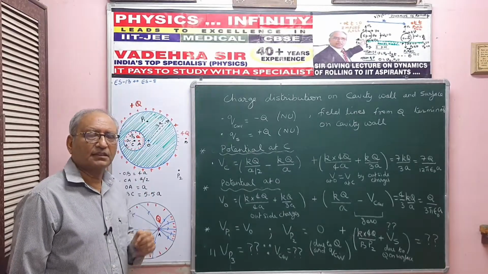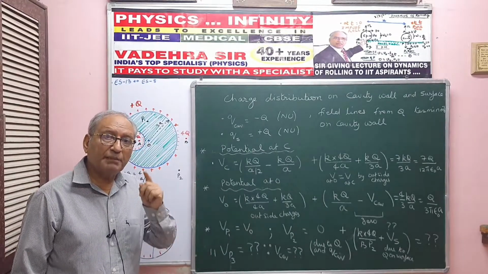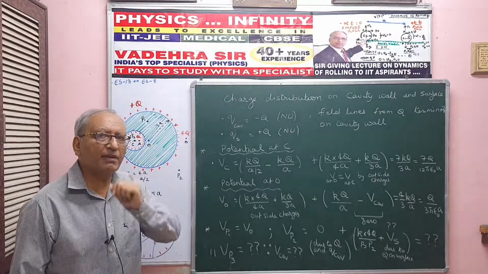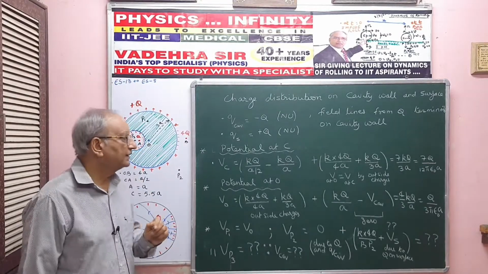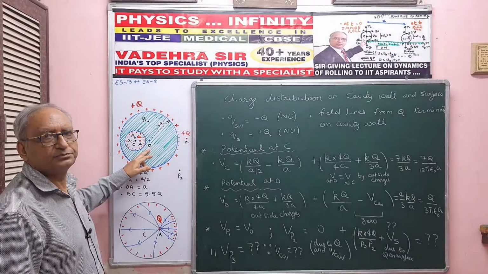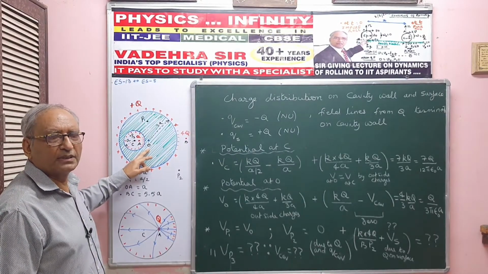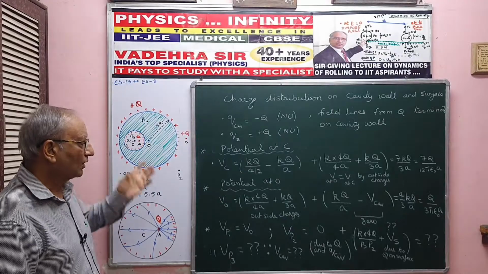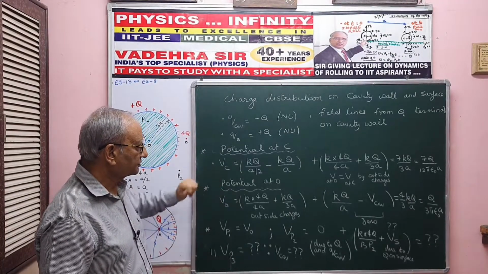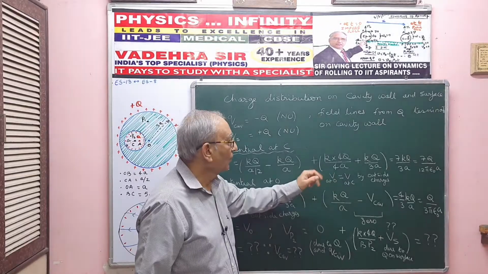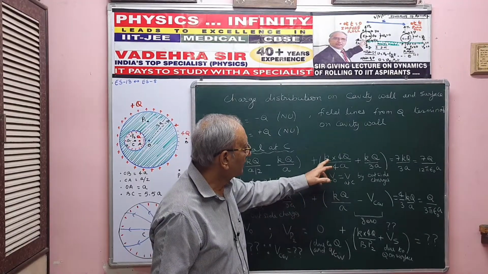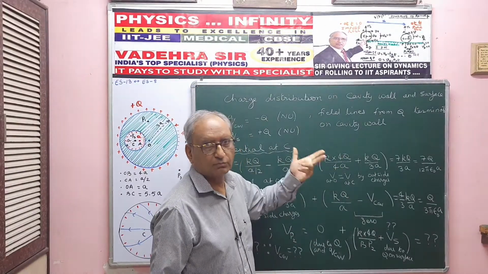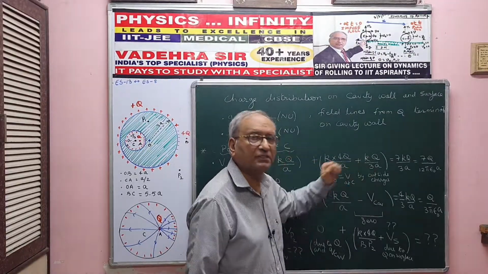When that is the case, whatever potential they create at any convenient point within the conductor will be the same everywhere, and the most convenient point is going to be O. So let's first work out the potential at O due to these outside charges, and that will be the same as that at C. For the outside charges, the potential at O is K 4Q upon 4A, point charge, plus KQ upon 3A.